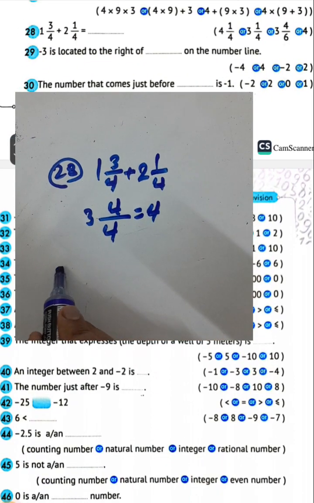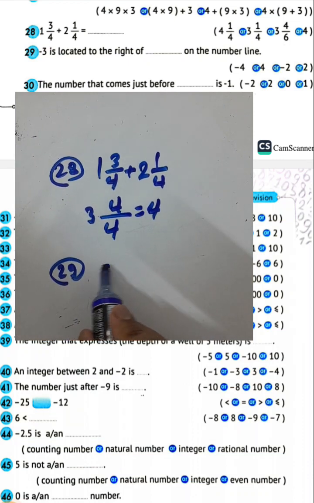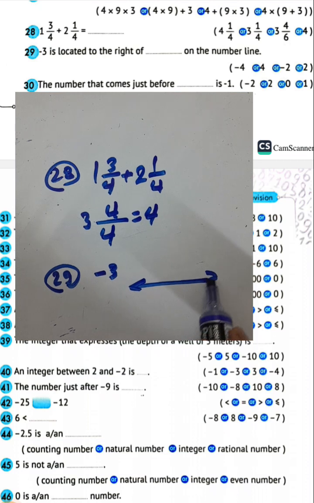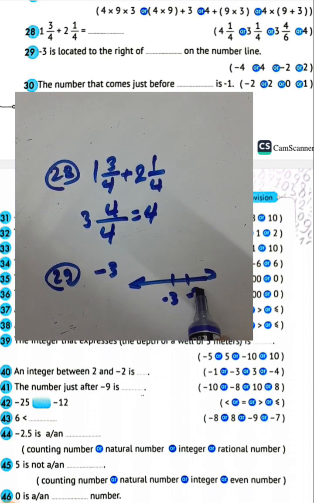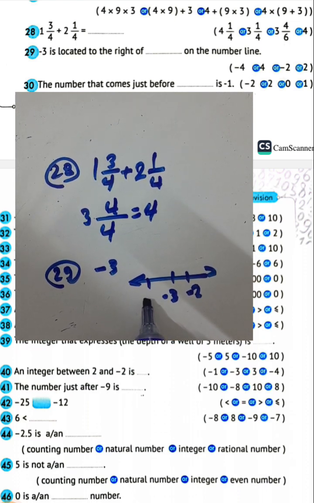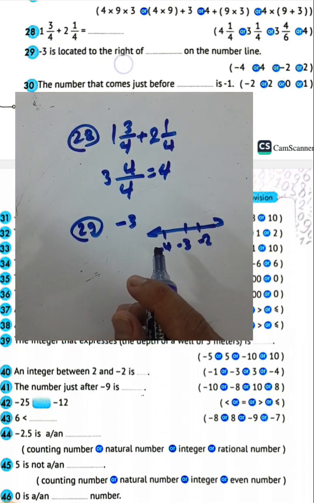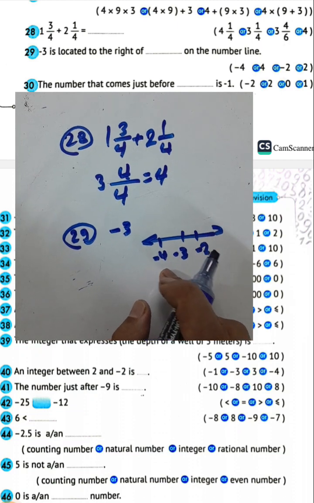Question 29. Negative 3 is located to the right of blank on the number line. We have here negative 3, and on the right-hand side it will be negative 2, and on the left-hand side it will be negative 4. What does he want to find? Look at this question. Negative 3 is located to the right of what? Of negative 4 on the number line.